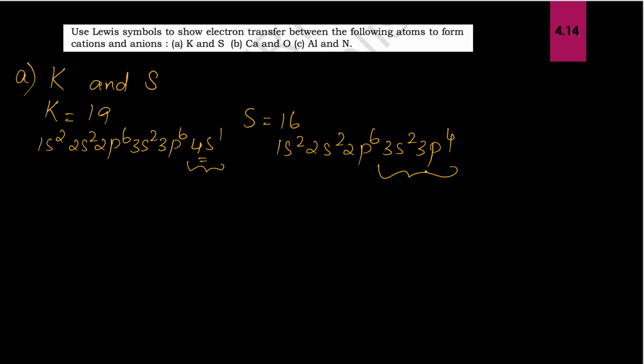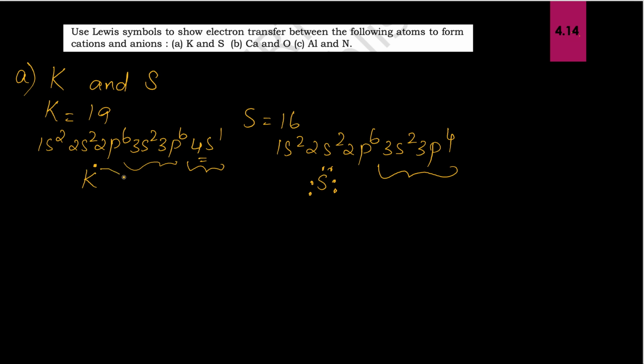When you draw the Lewis dot structure, potassium has 1 dot, and sulfur has 6 dots. Now sulfur needs to gain 2 more to complete the octet, and potassium needs to lose that one, so it is in the octet state. So what will it do? Sulfur needs 2 electrons.